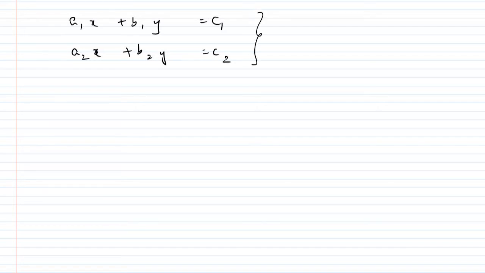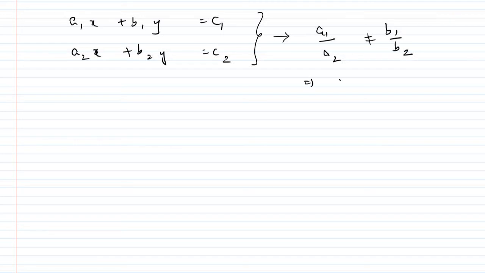So let us take two equations, a1x plus b1y equal to c1, a2x plus b2y equal to c2. As we know, this pair of linear equations has a unique solution when the condition a1 by a2 is not equal to b1 by b2 is satisfied.